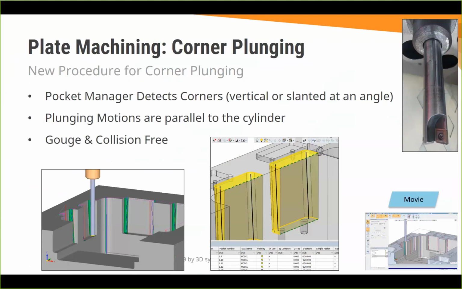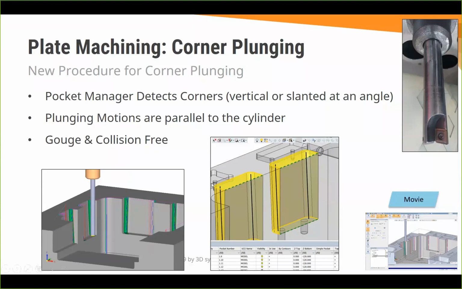Corner plunging is a new procedure allowing the Pocket Manager to detect the corners, and the corner can be vertical or slanted at an angle, and the plunging motion will go parallel to the cylinder, but in 3 axes. This motion will be, of course, gouge-free and collision-free.